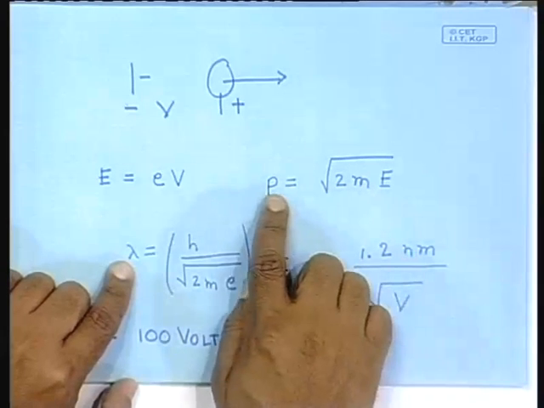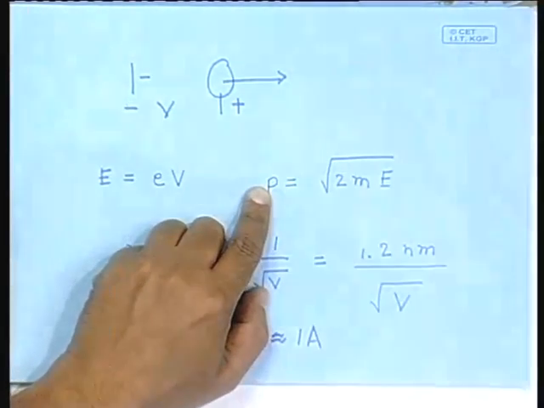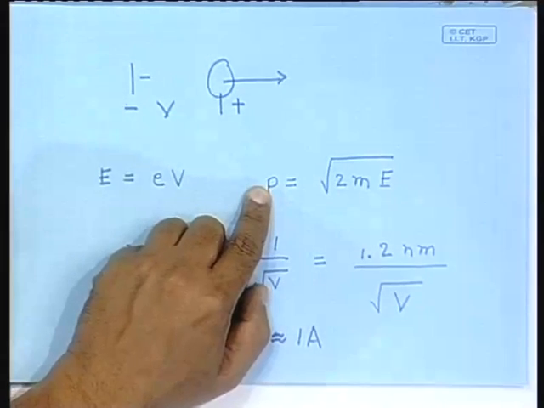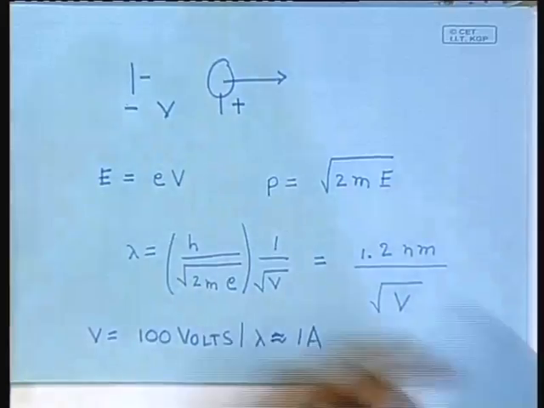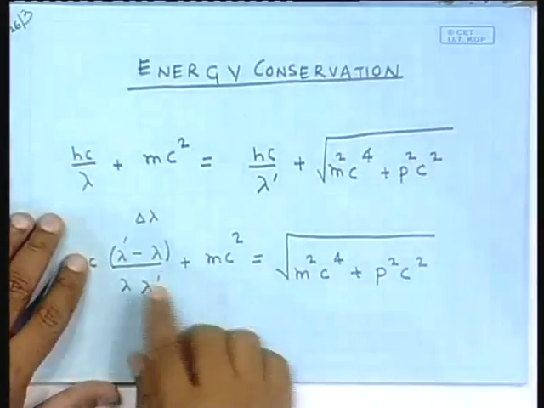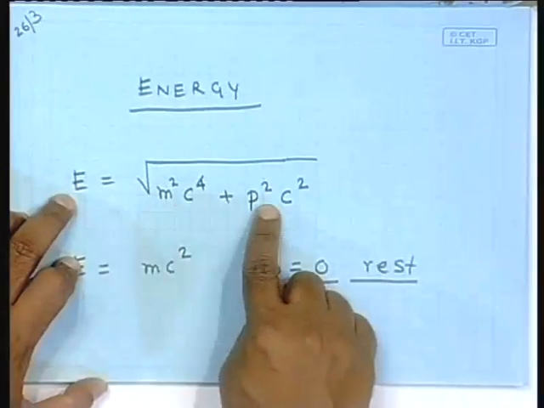I have told you in quite some detail that this is valid only when the particle is non-relativistic. If the electron moves very fast, it is necessary to use this relation between the energy and the momentum.